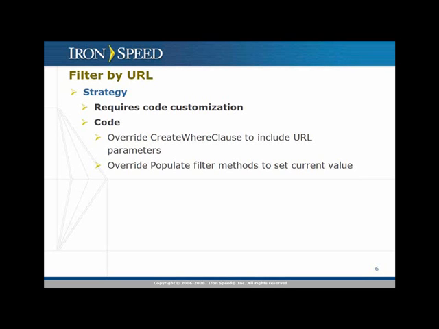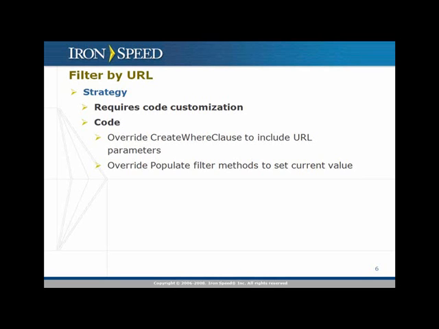So that's the job of the create where clause. What we want to do is add the URL parameters, and specifically we want to add them only the first time around, when the page is first displayed. We don't want the URL parameters to be included if the user makes some changes. For example, if the user selects a different value in the filter, we want to use that different value. So we only want to restrict it the first time the page is displayed.